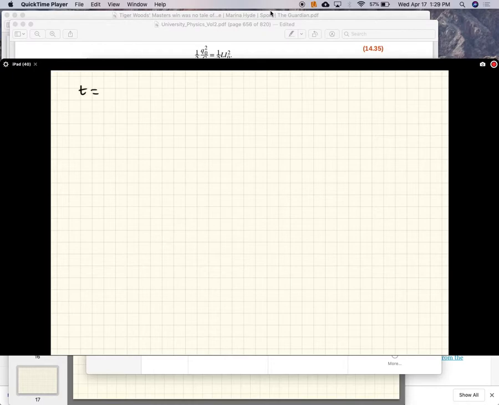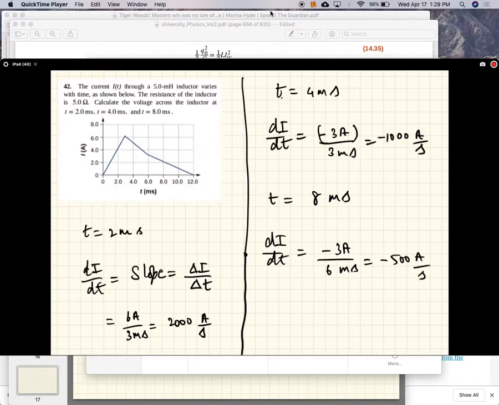At t equal to 4 milliseconds, okay, again, VAB equal to my same expression. So this guy is the same. Well, no. At 4 milliseconds, what is the current? At 4 milliseconds, the current is 5 amps. Okay?